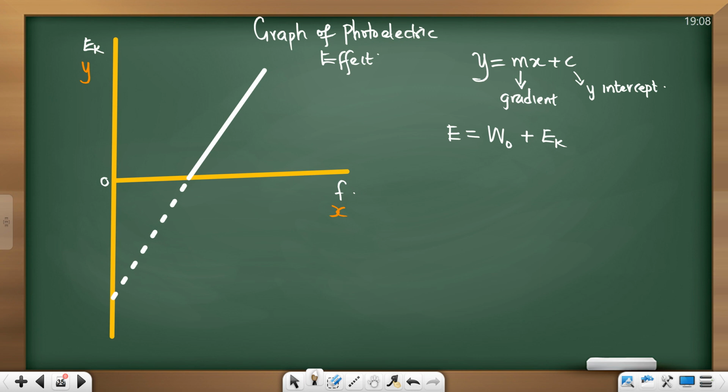Now, let's see. Can I make EK the subject of the formula so that it stays where the y is? Can I bring this here? What do I have? E minus work function equals EK. Make sense? Do you see my first step? My y is sorted. My y is EK, they are in the same position right now. I have a problem. My x is f. I'm checking this formula. Is there f?